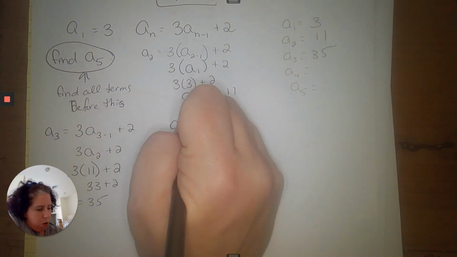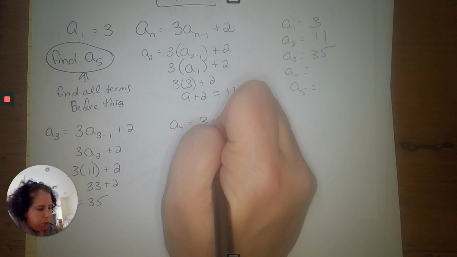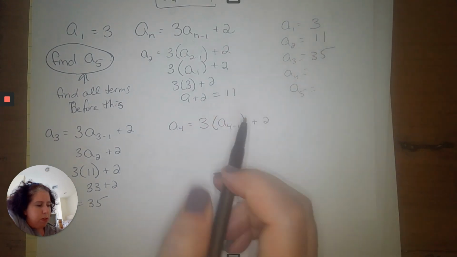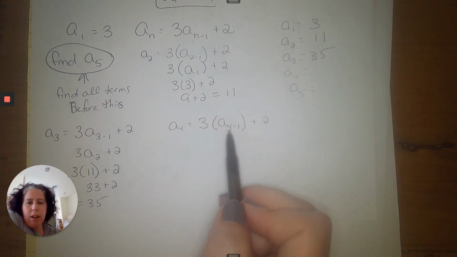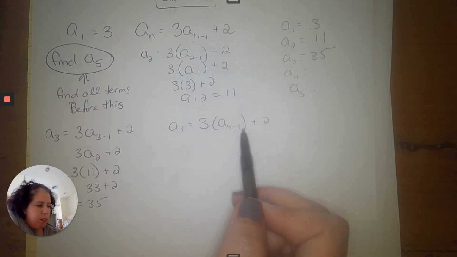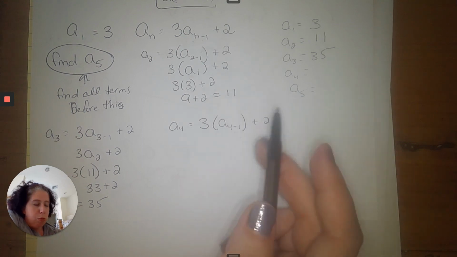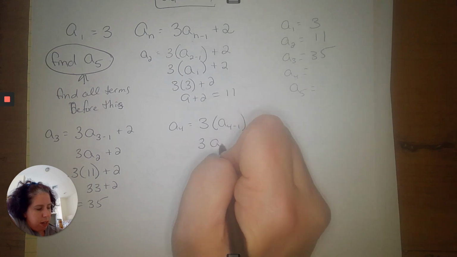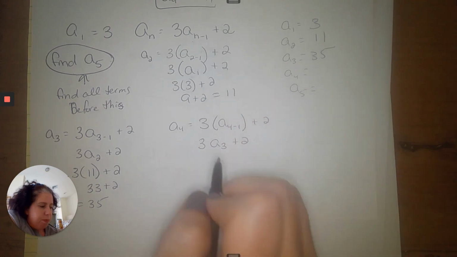Then I need A4. So 3 times A4 minus 1 plus 2. By the way, there's no real difference between putting the parentheses and not. I was just putting the parentheses on some of them for no good reason. Okay, mainly just to show you guys this has to be multiplied. So this becomes 3 times A3 plus 2, right?